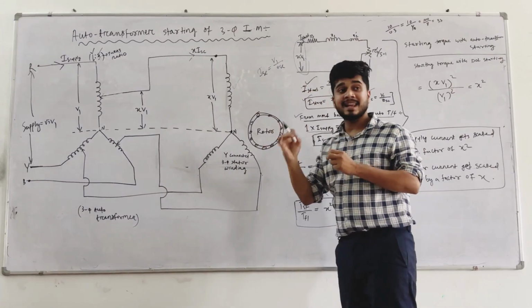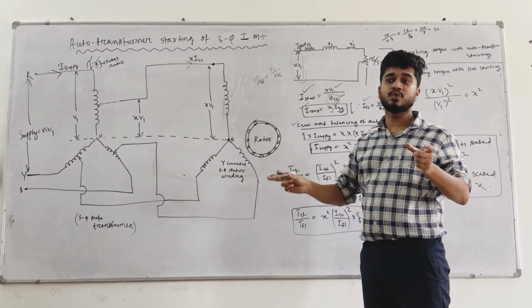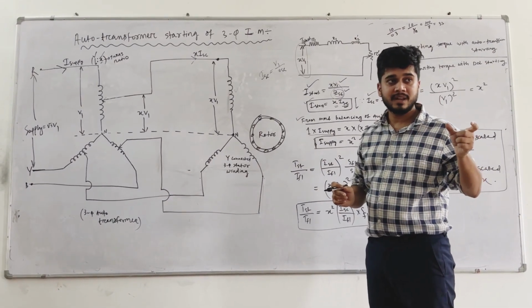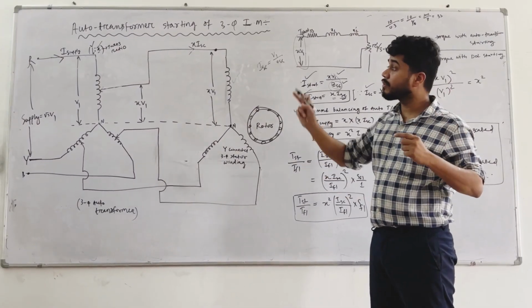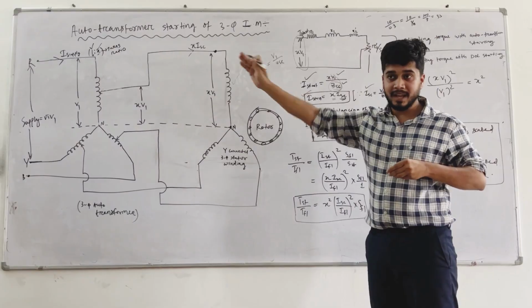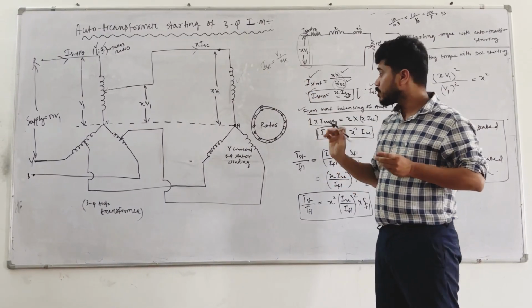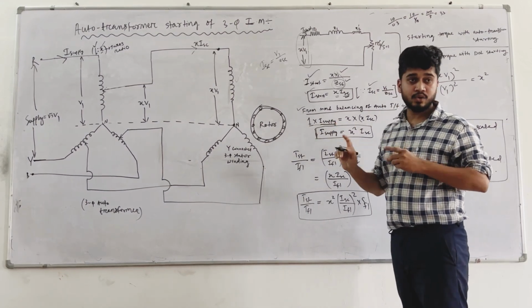So MMF balancing is saying the MMF in the primary should be equal to the MMF in the secondary. How to calculate MMF? Primary MMF is current into number of turns. The current flowing in the primary winding is the supply current, and the number of turns in the primary is 1. So that's why I have written over here 1 into supply current.